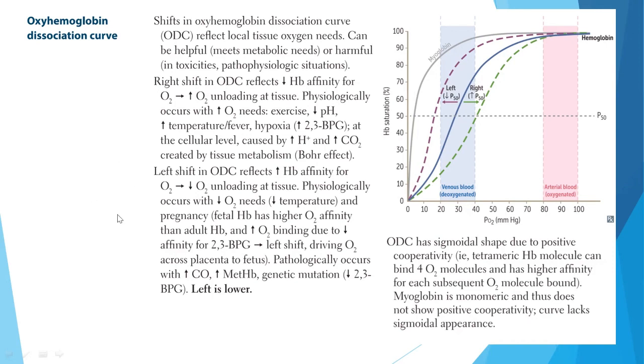Ultimately, the fourth oxygen molecule is the most favored to bind. So if one binds, it will favor the second one, the third one, and the fourth one. That is called positive cooperativity. Myoglobin is monomeric and thus does not show positive cooperativity, so its curve does not have a sigmoidal appearance.